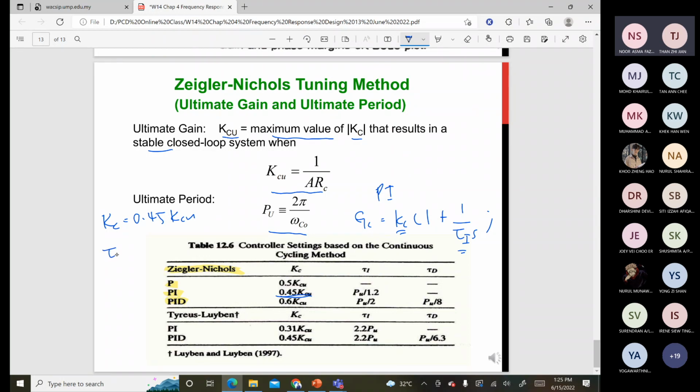And the tau I can be calculated using PU over 1.2. So in order to obtain the Kc and tau I, that means you require the value of KCU and PU. So KCU can be obtained from this formula, KCU equal to 1 over ARC. PU can be obtained from this formula, PU equal to 2 pi over WCO. So we are going to use this formula to obtain the controller parameter.